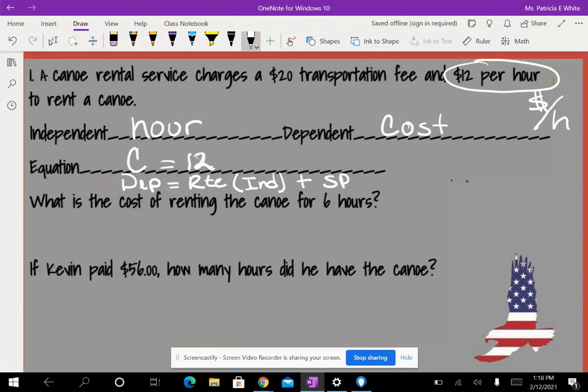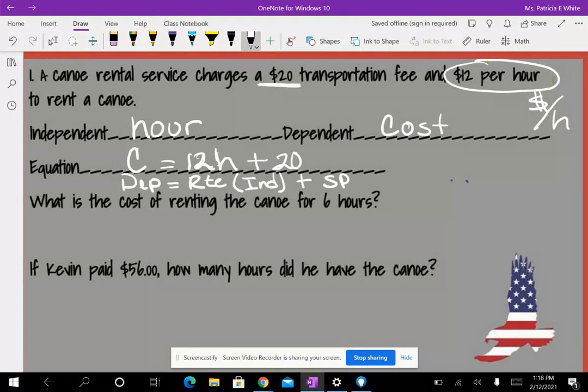So my rate's going to be 12. I'm going to use H for hours, and then I'm going to have that one-time transportation fee for them to take me up there, which is $20. So there's my equation. There's my rule. Cost equals $12 times the hours plus the $20 transportation fee.